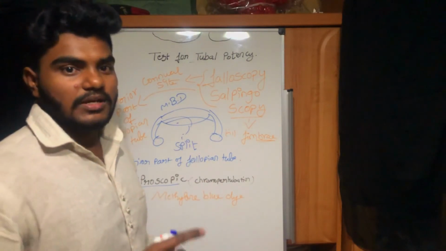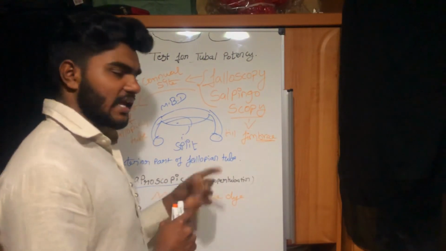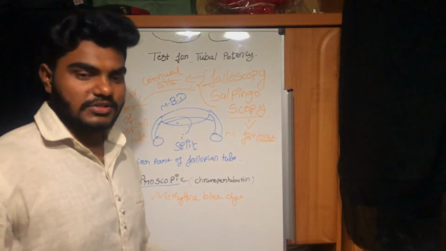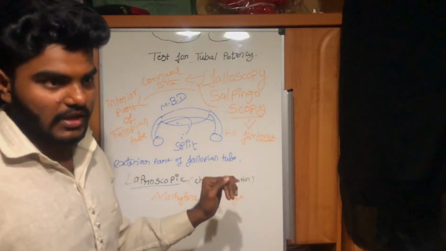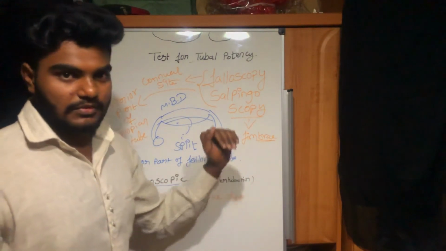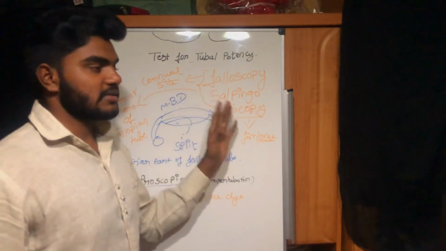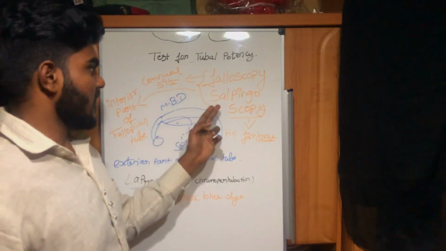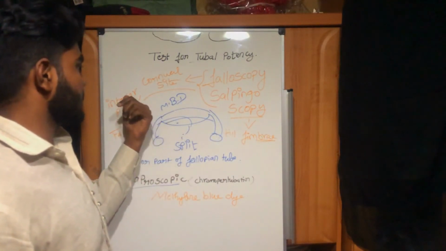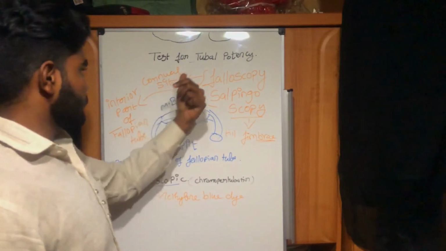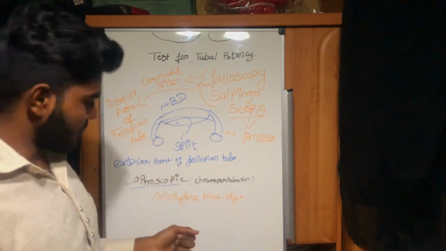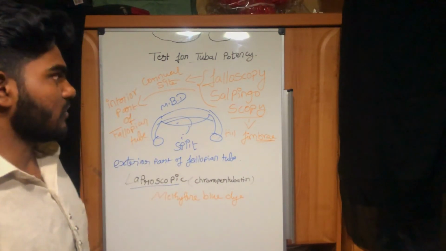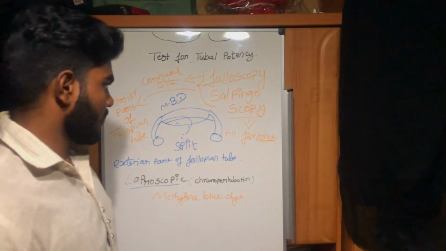Second we studied SIS, saline infusion sonography, and third is hysterosalpingo contrast sonography, and the fourth is laparoscopy, and the fifth is falloscopy and salpingoscopy. Falloscopy shows the cornual site, and salpingoscopy shows the interior part of the fallopian tube. These two help to see the interior part of the fallopian tube, and laparoscopy shows the exterior part. These are the methods we need to know for tubal patency.